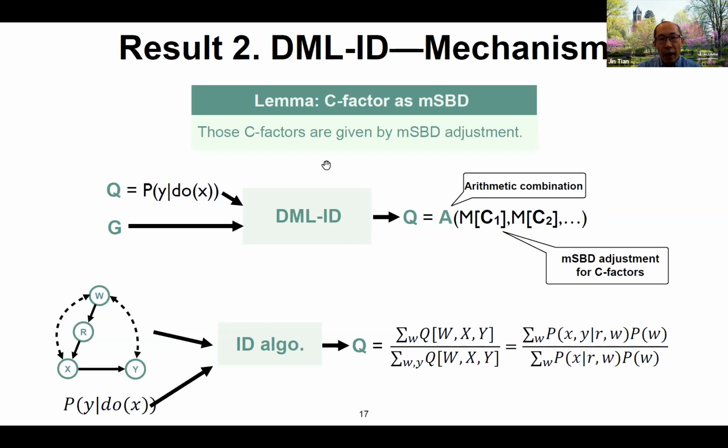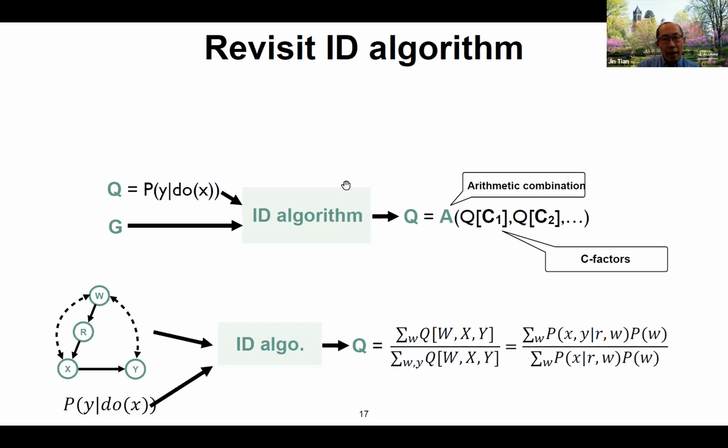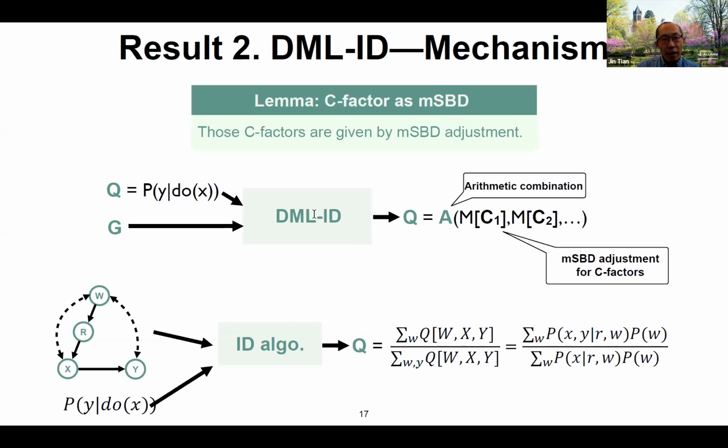Then we realize that all those identified C-factors used in the ID algorithm can in fact be expressed in MSBD adjustment form. So what we have done is we basically modify the ID algorithm. We call it the DML-ID algorithm, such that the output, the identified causal estimate, is expressed as an arithmetic combination of MSBD adjustments.